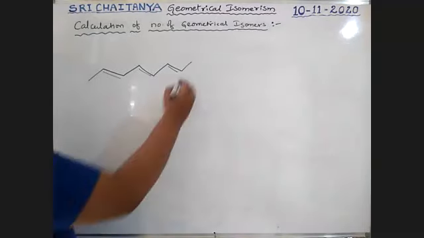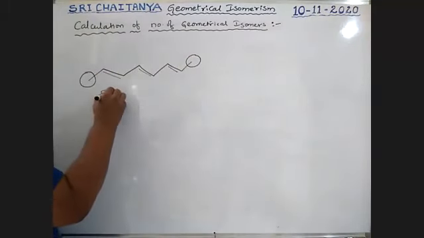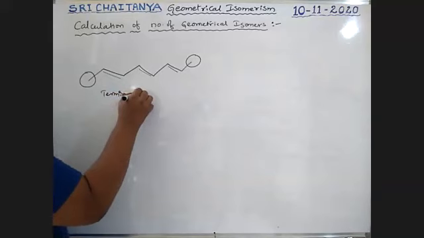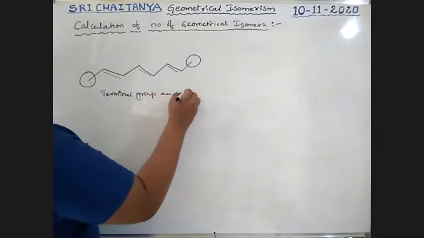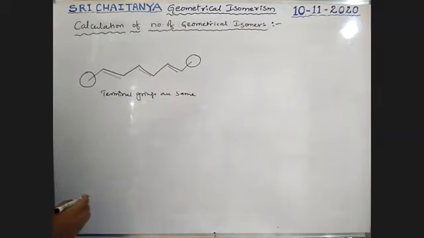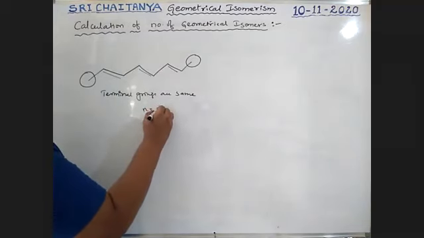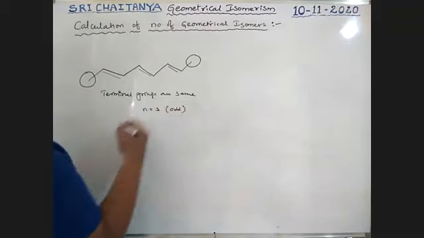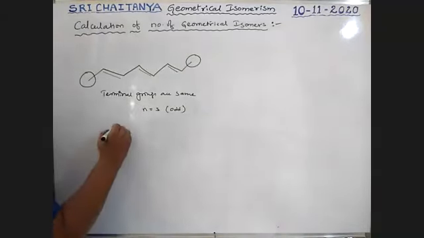Terminal groups: this is CH3, this is CH3. Terminal groups are same. Next, 1, 2, 3. N is 3, that is odd. The terminal groups are the same, boys. Now tell me the answer, the number of geometrical isomers.